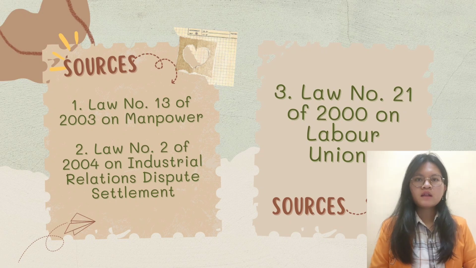Additionally, Law Number 2 of 2004 on Industrial Relations Dispute Settlement provides mechanisms for resolving employment conflicts, while Law Number 21 of 2000 on Labor Unions regulates union formation and activities. These laws are supported by government regulations, ministerial decrees, and collective labor agreements, ensuring fair and balanced employment practices in the country.